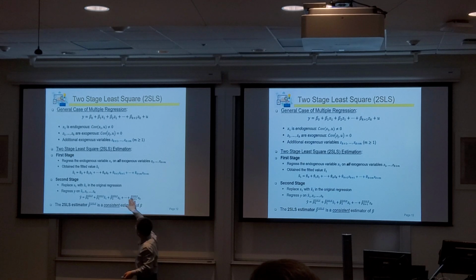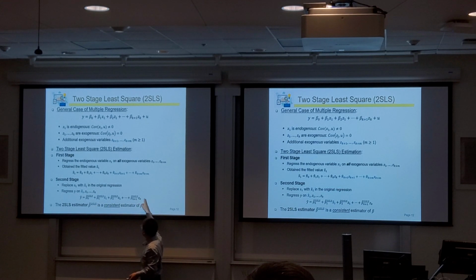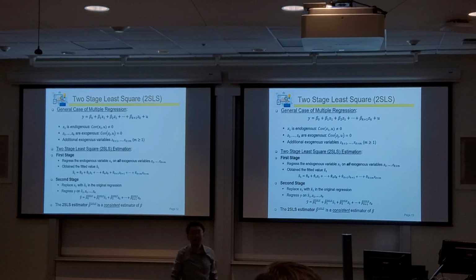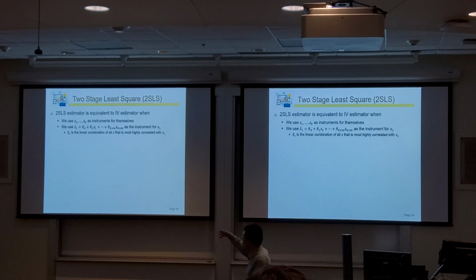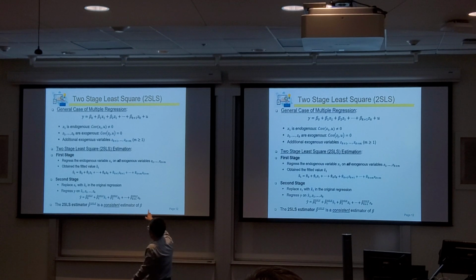But that part is now pushed into the error term in the second stage regression. That's okay, because we are sure that all the regressors will be independent from this new error term. So there will be no bias in the second stage. So that's the intuition.